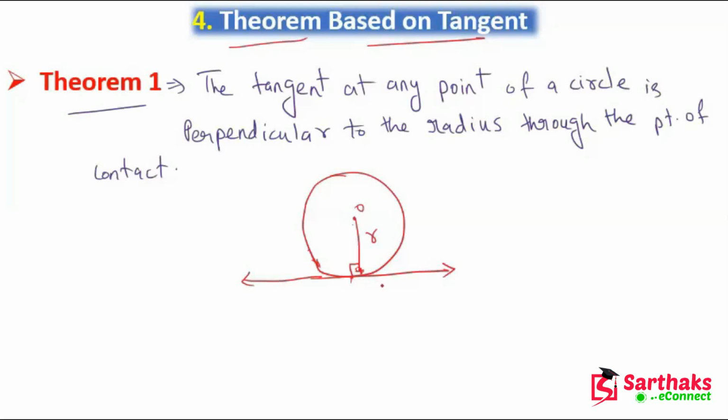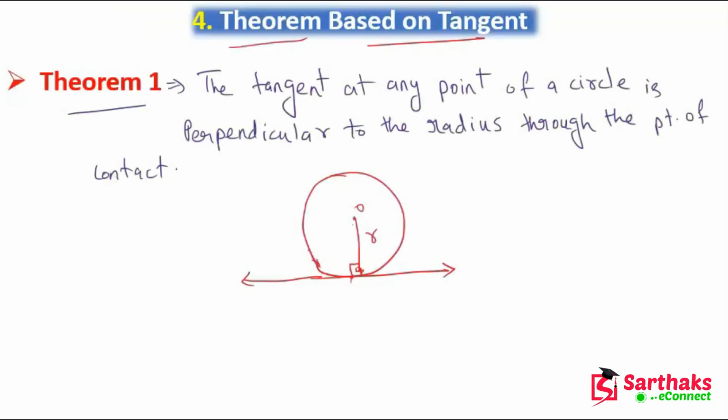Okay, so now let's take the proof of this theorem. Here we have a circle, a tangent and a perpendicular line.